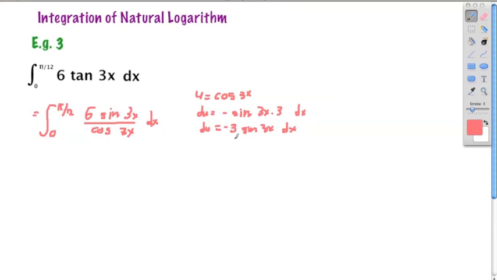Okay, but then I don't want these whole terms. I just want sine 3x dx to be replaced here. So I want to make this negative 3 disappear. What I have to do is divide everything by negative 3. Like here, I divide it by negative 3, and all the terms here, I divide by negative 3, I will get sine 3x dx.